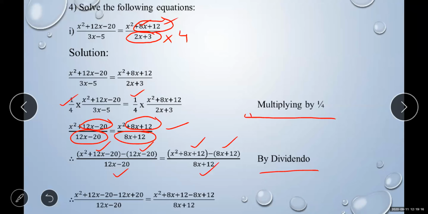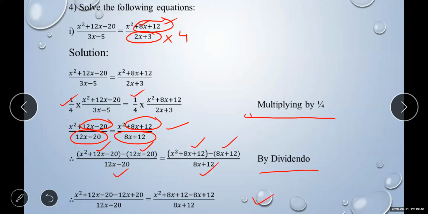Yes, clear, understood? Okay, as we are doing subtraction by dividendo, sign will change. What will be the sign? Now first bracket as it is in the last step here: x square plus 12x minus 20, and before the second bracket minus sign is there.